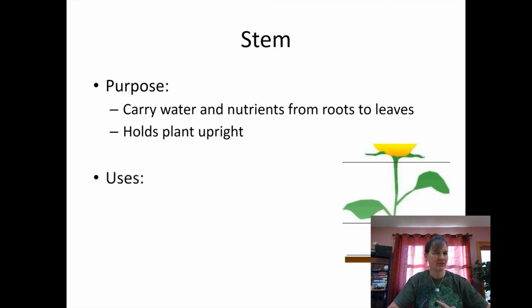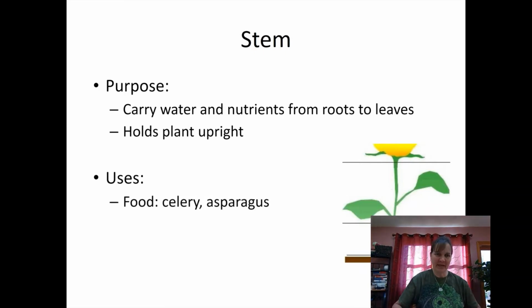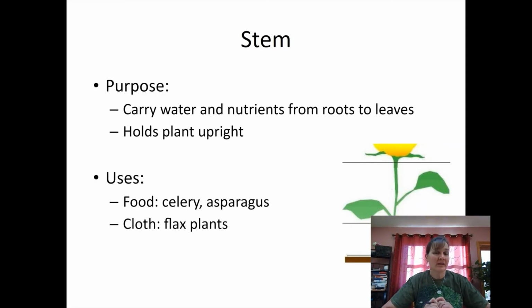Now, how do humans use stems? Well, food again. So some examples, and there's so many more examples out there, are celery and asparagus. We call this the flax plant.